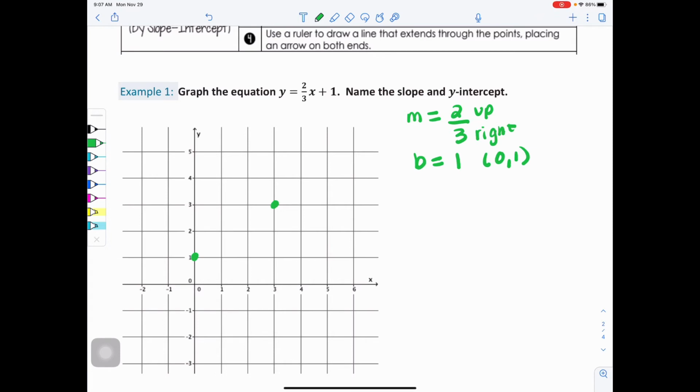Then all I have to do is take my ruler, connect the points, draw arrows on the end to show that there are infinitely many solutions on a line, and then label it with the equation. y = 2/3 x + 1.